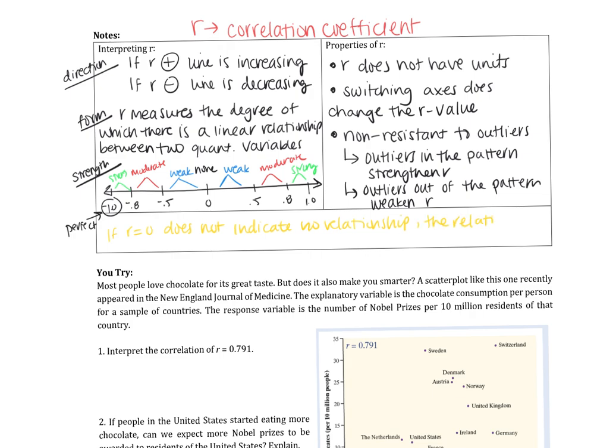It could be quadratic, it could be cubic, it could be something else, but it's just not linear. And don't forget that when we're talking about correlation from Unit 2, correlation is not causation. So we're just looking at the relationship between two variables here.